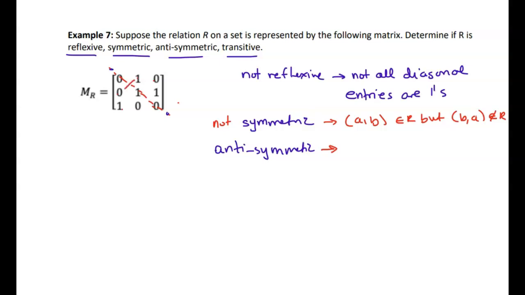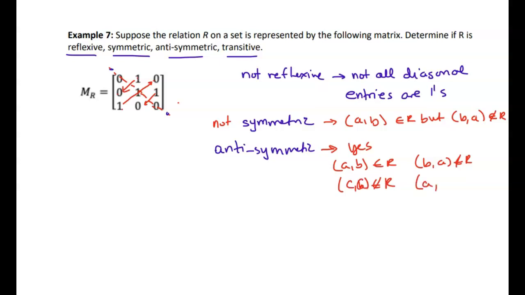Okay, so this one matches with the 0, good. This one matches with the 0, again, good. This one matches with the 0. So for all the 1 entries, its inverse is a 0. So this is a yes. Right? If AB is in there, BA is not. So this one, CB is in the relation, but AC is not.